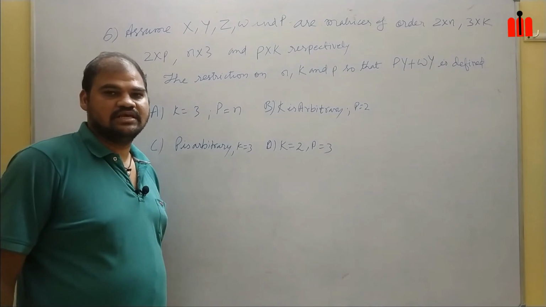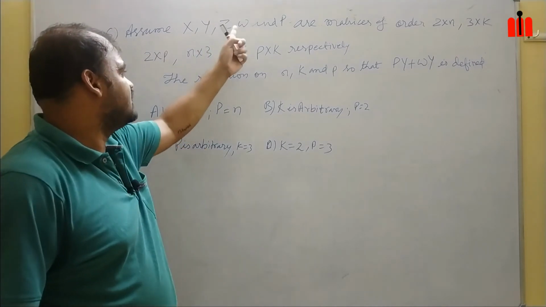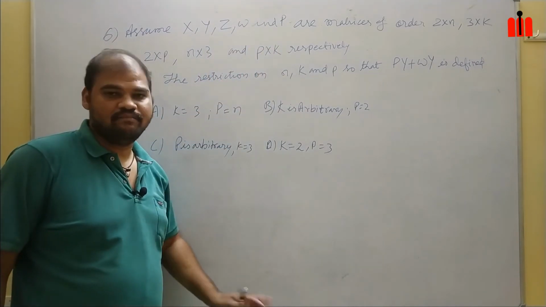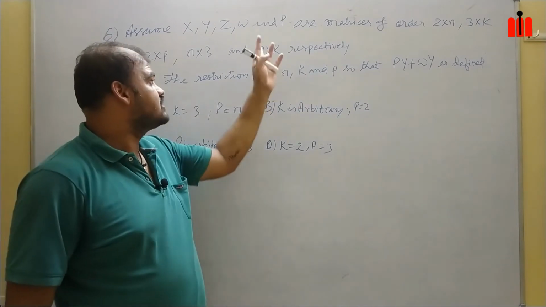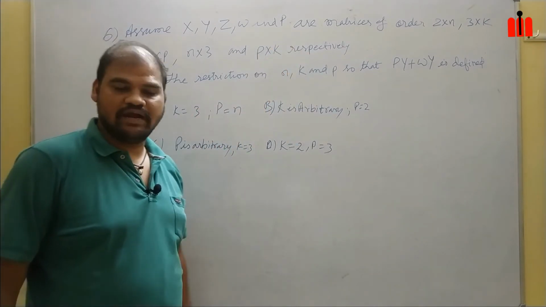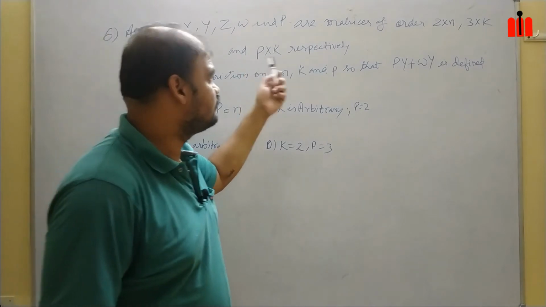What does problem number 6 say? That X, Y, Z, W and P are matrices. And what are the orders of these matrices?